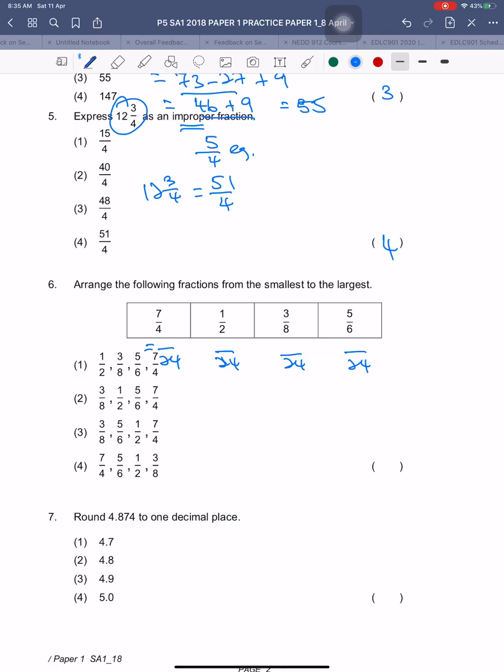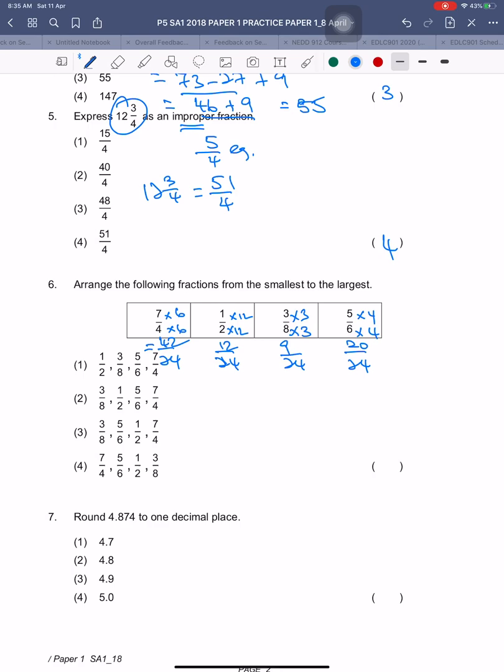So 3 times 8, 1 times 12, 3 times 8, and 5 times 4, 20.